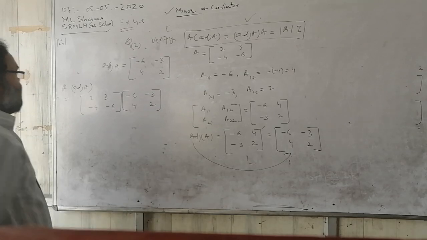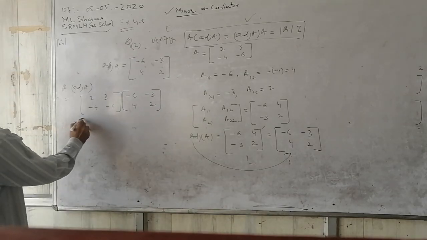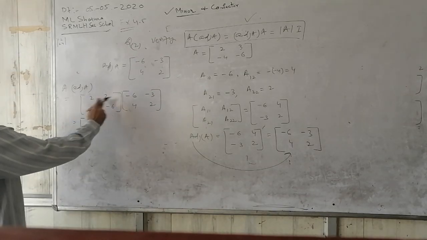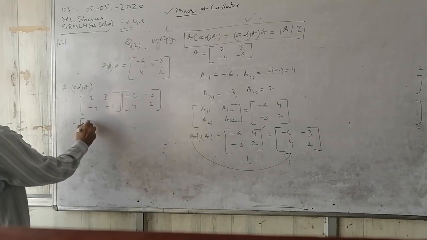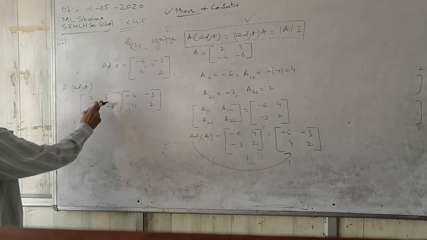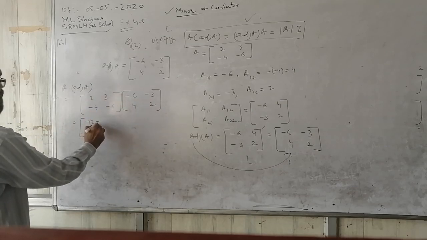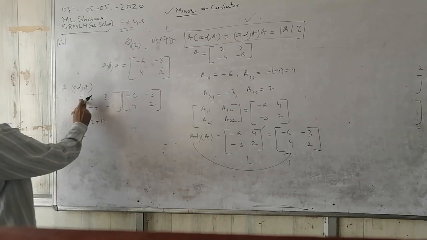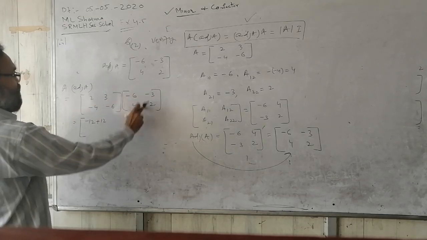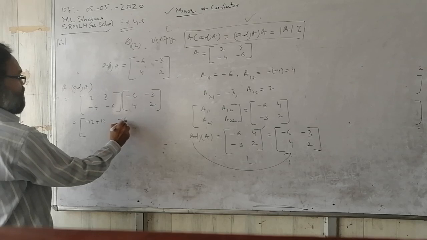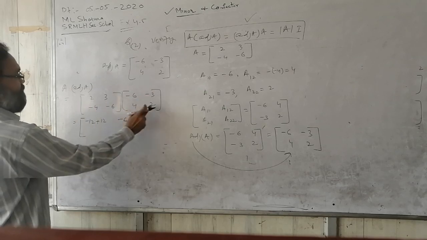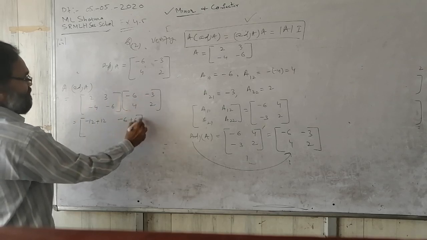So I will multiply these two. 2 into 6 is 12, then 3 into minus 4 is minus 12; this row multiplied with the second column, 2 into minus 3 is minus 6, and 3 into 2 is plus 6.